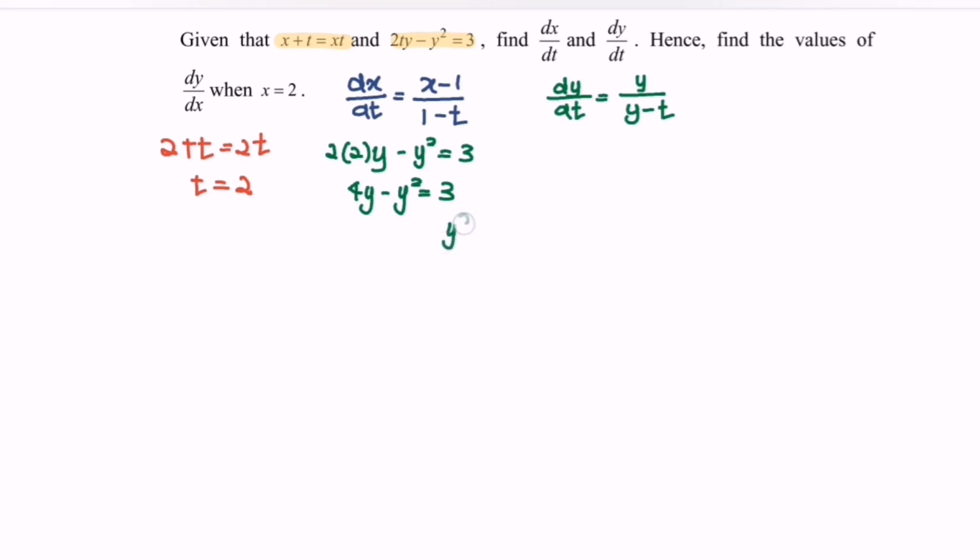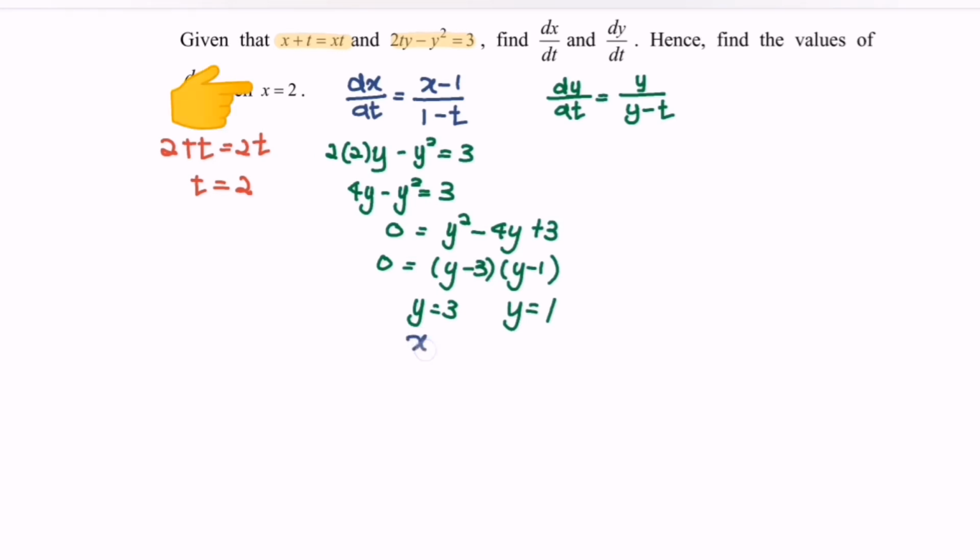So y squared minus 4y plus 3 is equals to 0. Factor the situation and we will have y minus 3, y minus 1 equals to 0. So y will be equals to 3 and y will be equals to 1 when the value of x is equals to 2 and the value of t is also equals to 2.